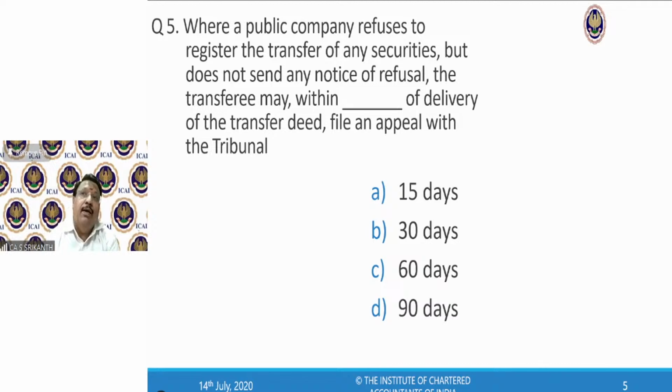Otherwise, you have to go back to my lecture on transfer of securities. The answer is B. Where a public company refuses to register transfer of any 30 days but does not send any notice of refusal, the transferee may within a period of 60 days... that is, 30 days they have to give a notice of refusal. If this is a transmission, it is 90 days. For transfer, it is 60 days from the date of delivery of the transfer deed. For transmission, it is 90 days.